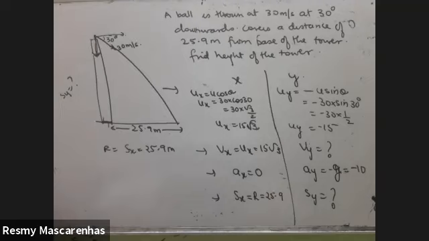Before that, in order to find the height, the formula is S equals ut plus half at square. So definitely we have to find Sy now, so everything we'll have to take in terms of Sy.